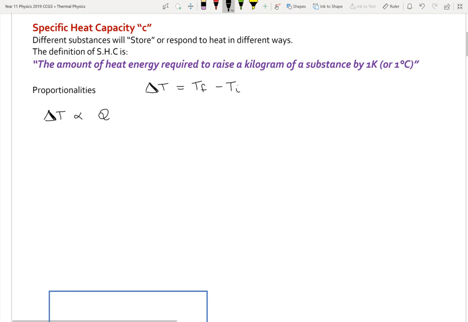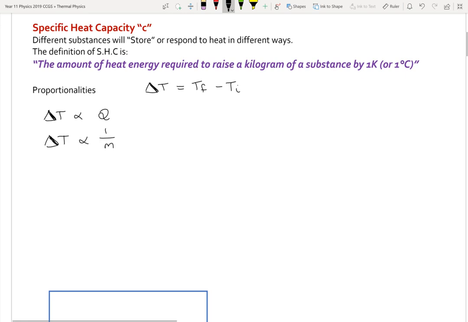It's proportional to the amount of heat that is supplied. If you give your particles double the energy, they will jiggle at double the rate. They will have a temperature difference that will be double. So that hopefully makes sense. The next, it's proportional to 1 on m. It's an inverse proportion to mass.